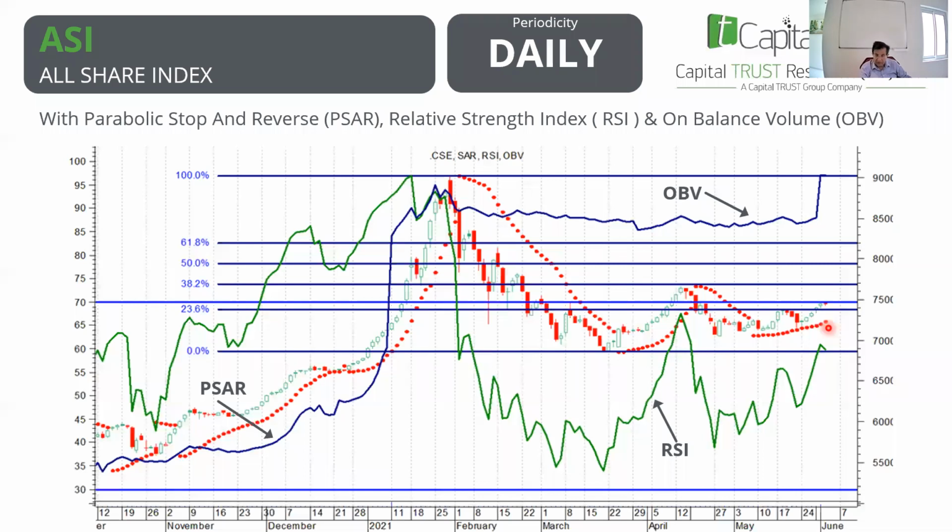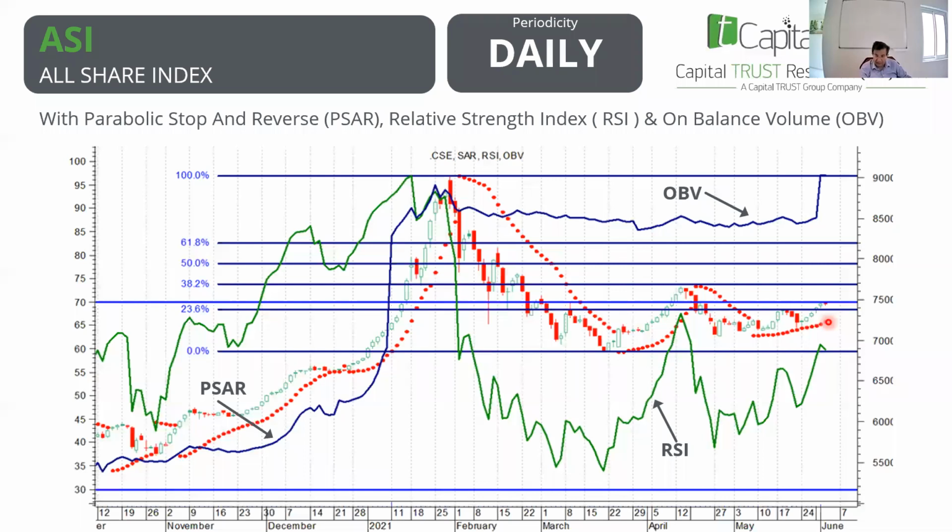Right? Don't say that somebody told you this market is very precarious, is about to fall. That's all rubbish. Because as long as the parabolic stop and reverse is showing dots down, buy it. Right? Get into the market.